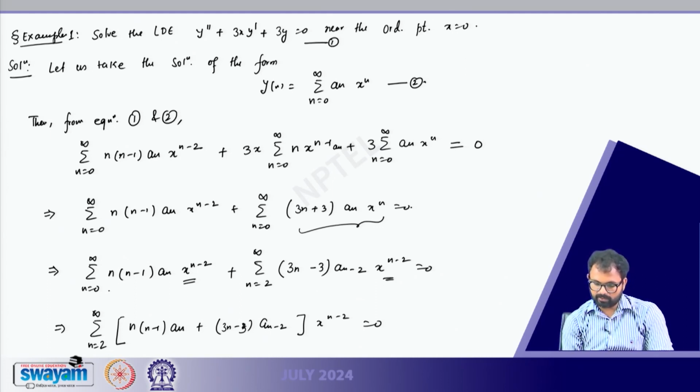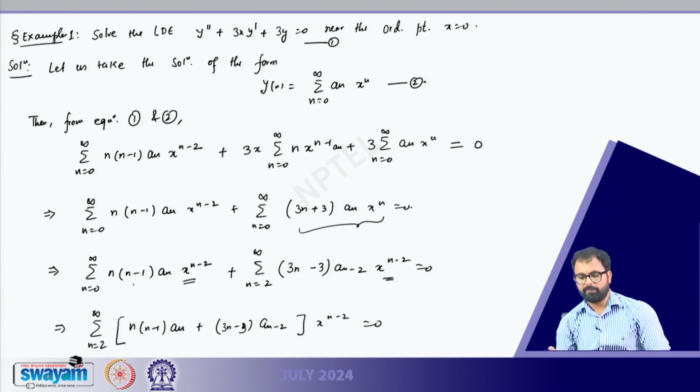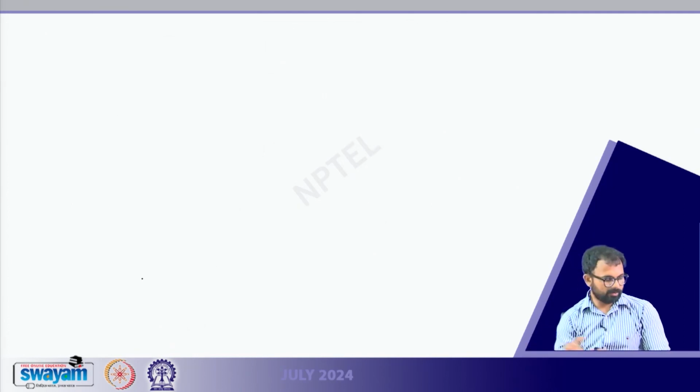So, when n is 0, it will vanish, and when n is 1, it will also vanish, fine. So we will have this many terms. Now, let us go to the next page.